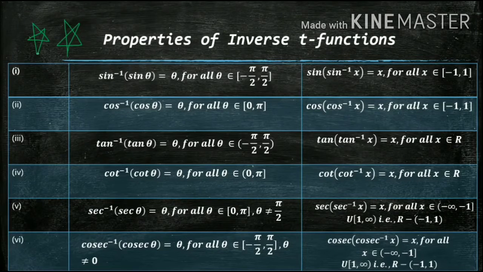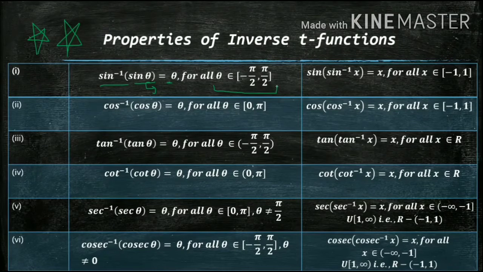What you just need to do, whenever sine inverse is outside and sine is inside, you will consider the theta. Now sine inverse of sine theta equals theta for this theta only, not for any other theta.